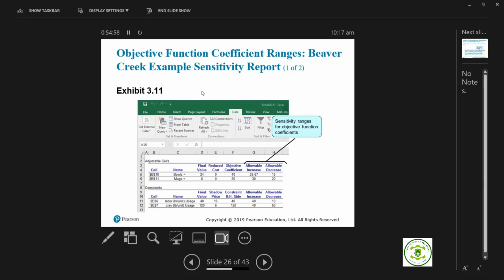And that is what we call the optimal solution range, the sensitivity range.